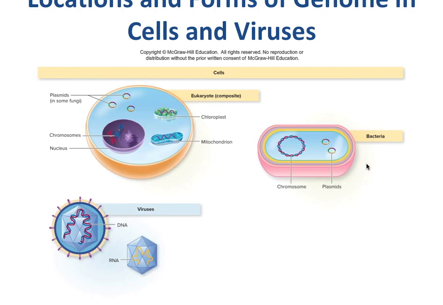The prokaryocytes don't have the nucleus, so they may have a circular chromosome. A circular chromosome is simple and stable. Some viruses contain DNA, and some viruses contain RNA.